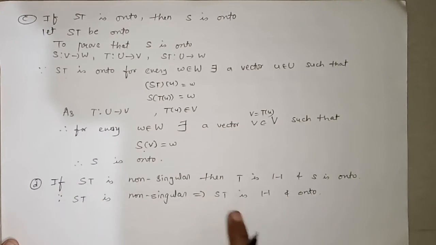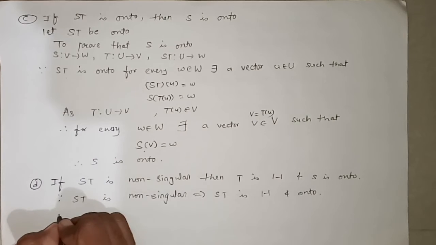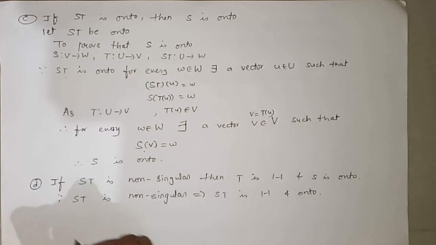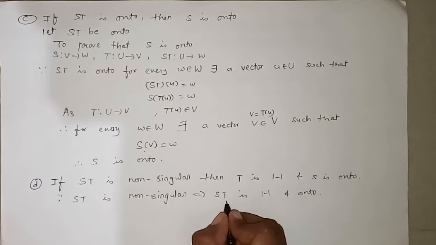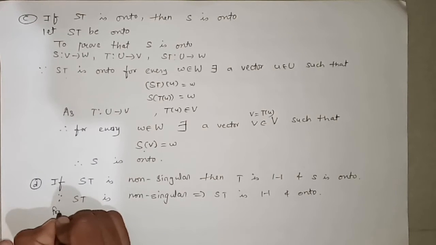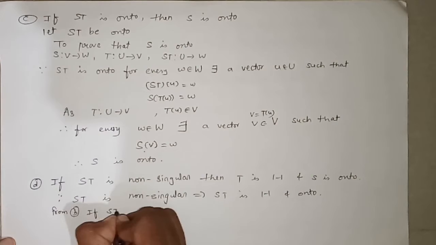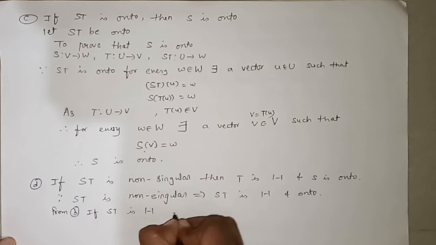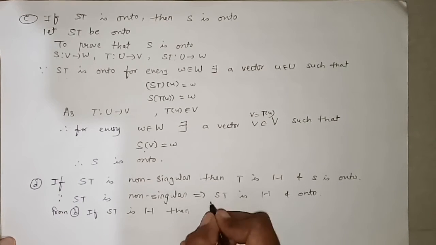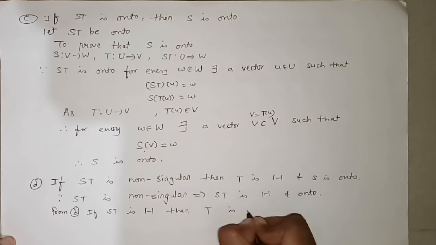But see, we have a past part that, see, our part B says that if ST is 1-1, then T is 1-1.